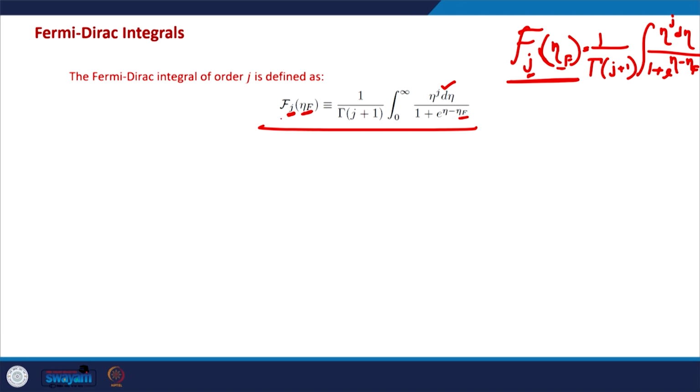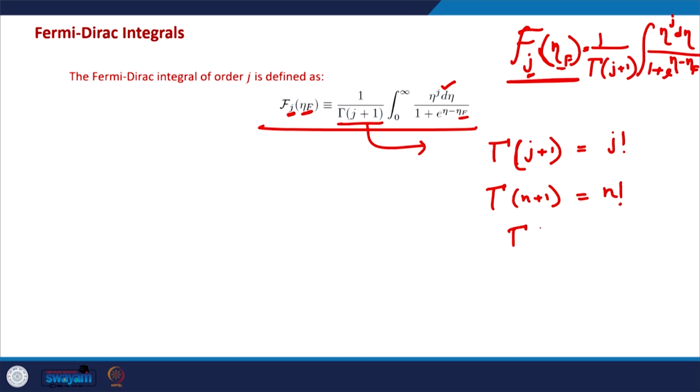This Fermi-Dirac integral has this gamma function as well in its expression, and most of us would be aware that a gamma function, if n is an integer, gamma function of n plus 1 is essentially factorial n, or more popularly it is written as gamma function of n is factorial n minus 1.